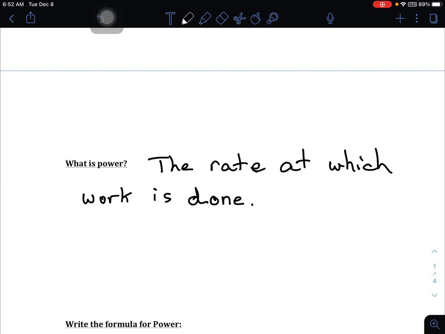So again, power is how fast work gets done.